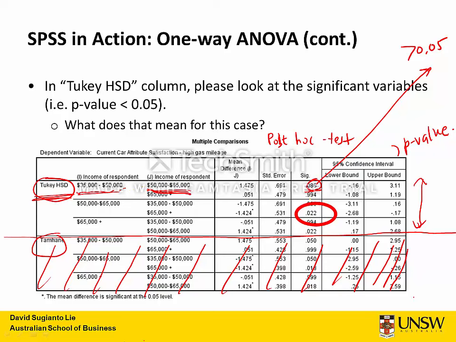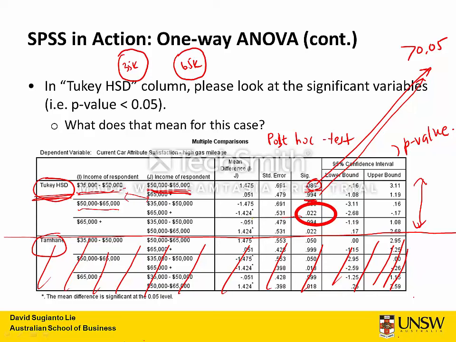Then we move on. The second one, which is 35 to 50K and 65,000 plus, has a significance of 0.994. Again, which is more than 0.05. Therefore, it is the same. So the income groups of 35K and 65K are the same. The purpose here is that we are looking at the difference, which specific groups are different.